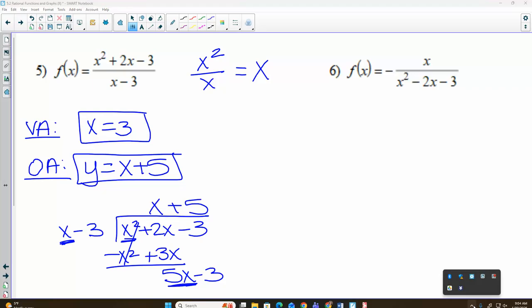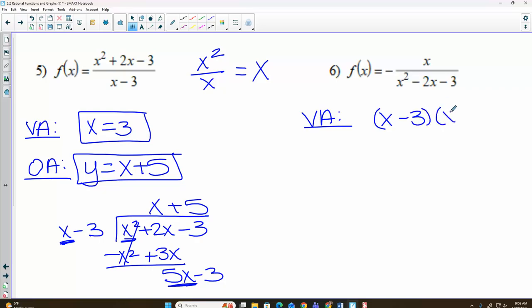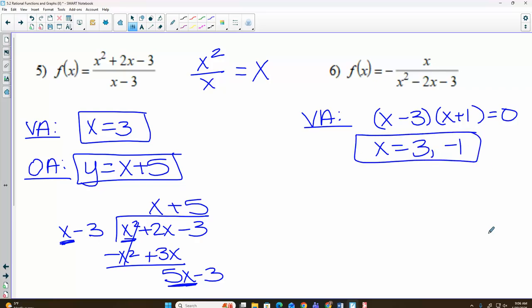You guys do number 6. So to find our vertical, that factors into x minus 3, x plus 1. So you should get x equals 3 and negative 1.